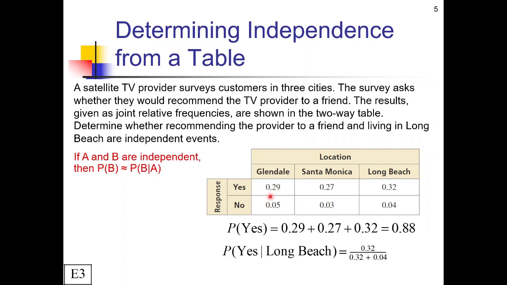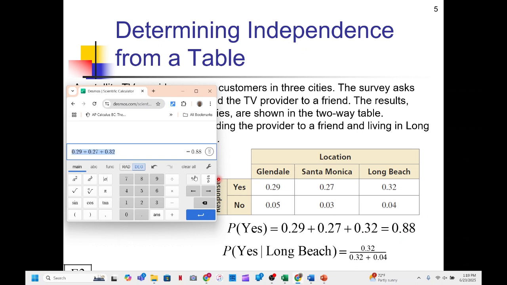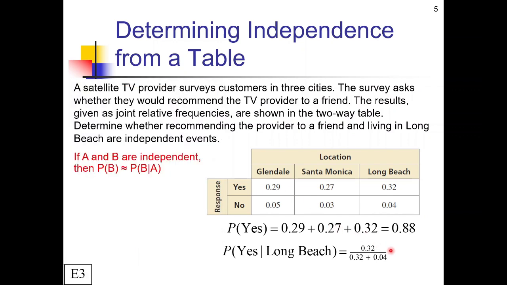And let me go to the calculator for that one. So do a fraction, 0.32 in the numerator, 0.32 plus 0.04, and this comes out to about 0.889 if I round it off. Now, are these exactly the same? No, but I would say they're close enough. I would say if you match at the 100th or 1000th place, then that is good enough. So I think we can conclude here that these are independent of each other.